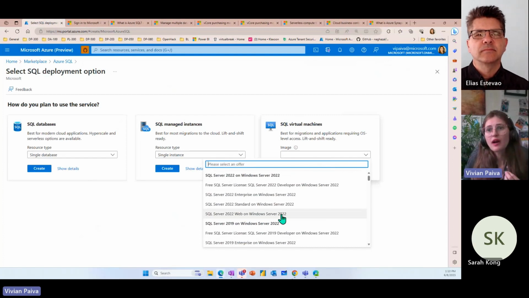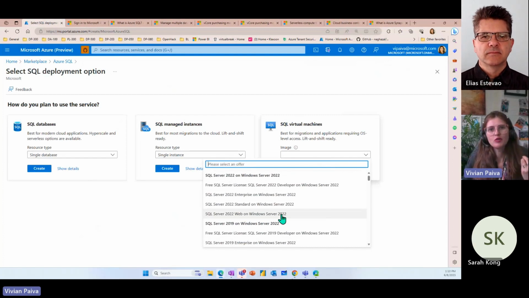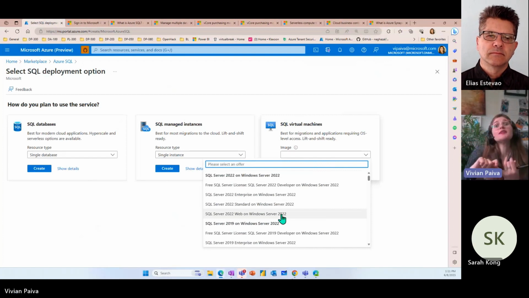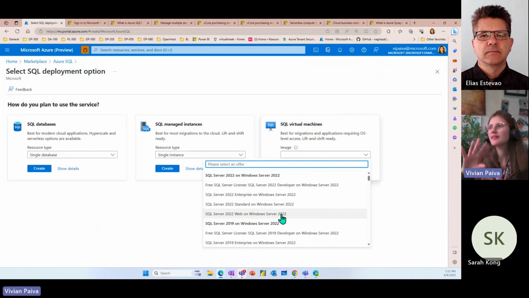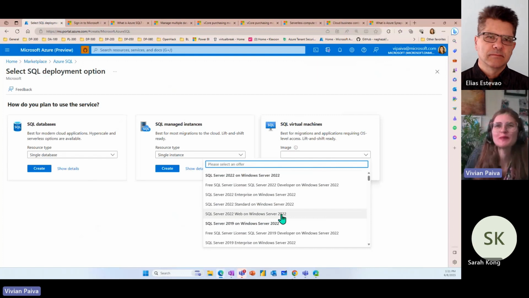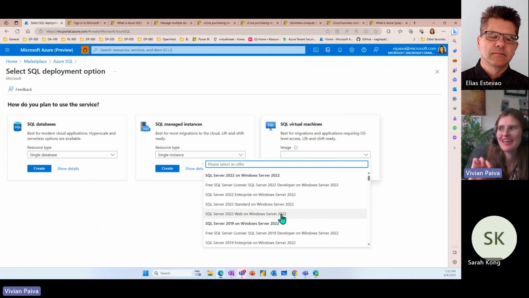We need to build our own high availability solution at the database level if we want to offer that to our application. So lots of flexibility here. You can also access the operating system, but you need to do the patching and the upgrades. That is part of the responsibility that comes with IaaS.